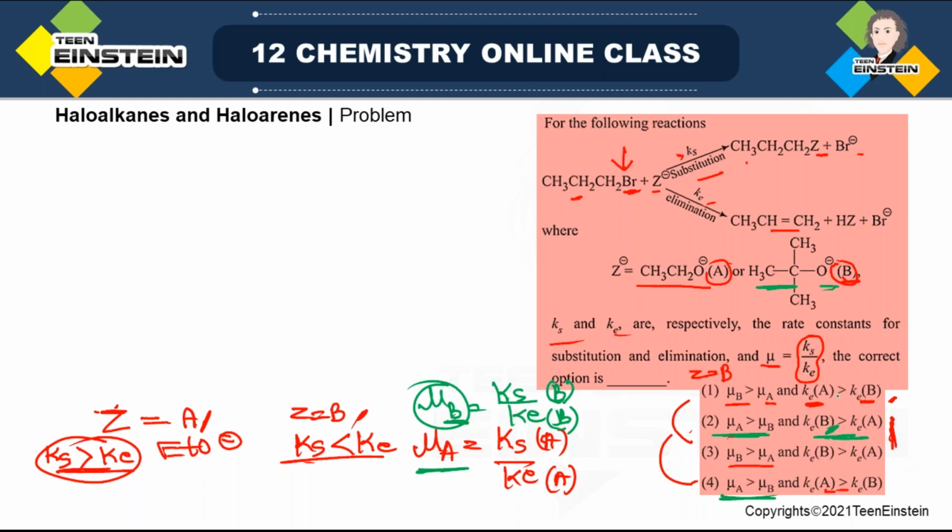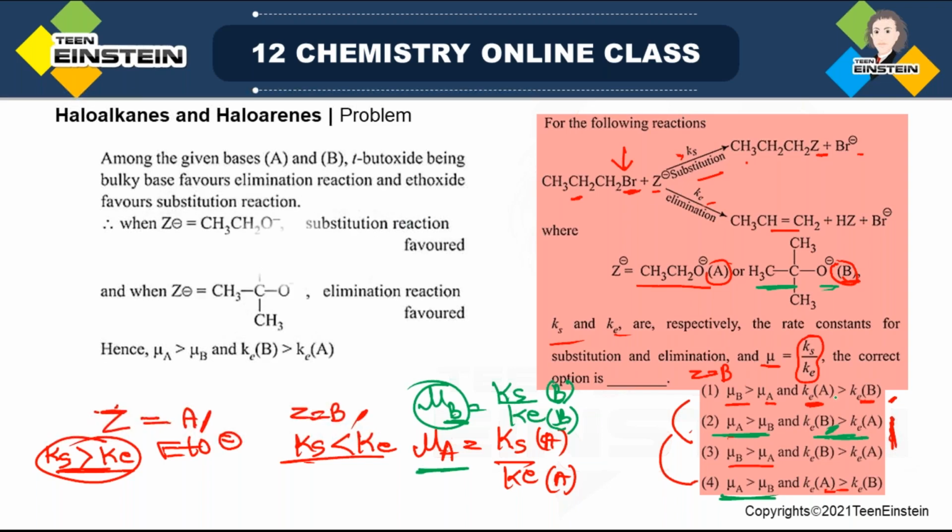And that you can find in which option? It is in option 2. So here are the points that you have to keep in mind. Among the given bases A and B, tertiary butoxide, tertiary butoxide means this one, B. It is very bulky, so obviously it will favor elimination. And the other base, which is ethoxide, this is A, it will favor substitution.